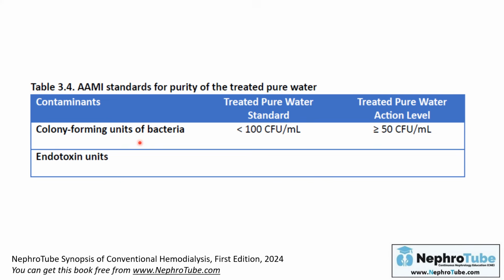Regarding the colony forming units of bacteria, it must be less than 100 colony forming units per mil, and the action level, where you have to take action and check your water unit, is if the colony forming units of bacteria is more than or equal to 50. Regarding the endotoxin level, it is accepted to be less than 0.25 endotoxin unit per mil, and you have to take action if the level of endotoxin units in your water is more than or equal to 0.125 endotoxin unit per mil.